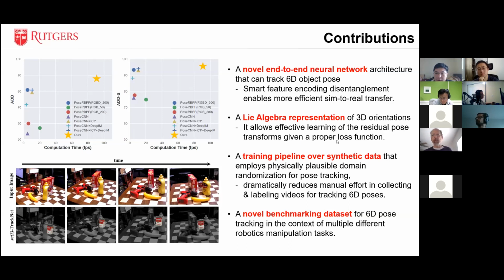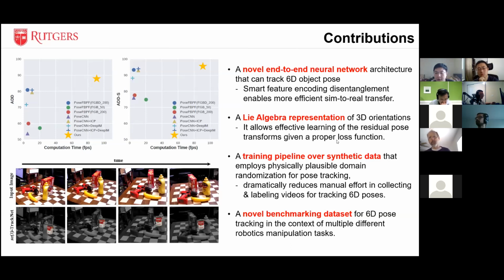Also, we propose a training pipeline over synthetic data that employs the idea of physically plausible domain randomization for pose tracking. This can dramatically reduce the manual effort in collecting and labeling videos for tracking 6D poses. Without this, learning to track from video would take a tremendous amount of work to label the 6D poses in every frame of the video.